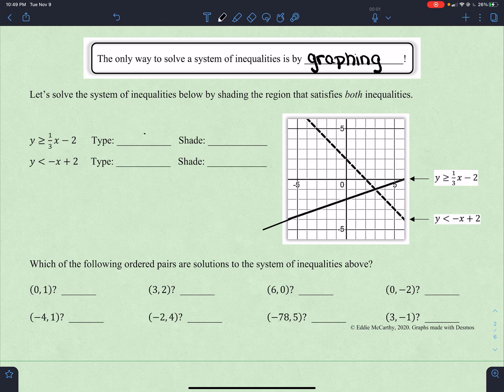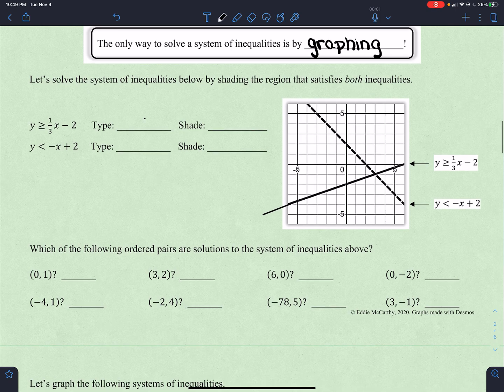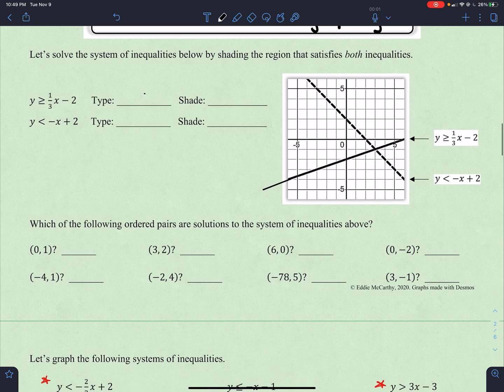Okay. Now in the intro, I talked about solid boundary lines and dashed boundary lines and shading above and below. So if you have not watched this yet, go back and watch that first intro video. So here we've got y is greater than or equal to 1/3 x minus 2. This is going to be a solid boundary line.